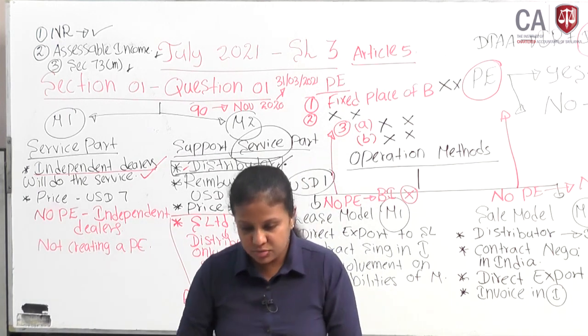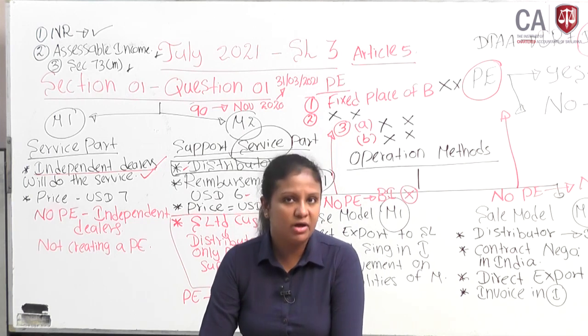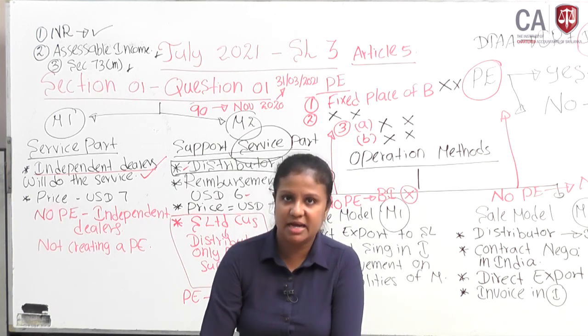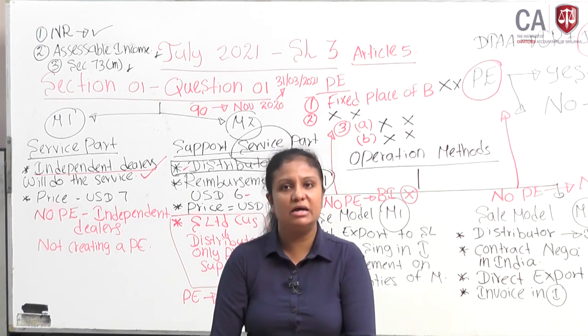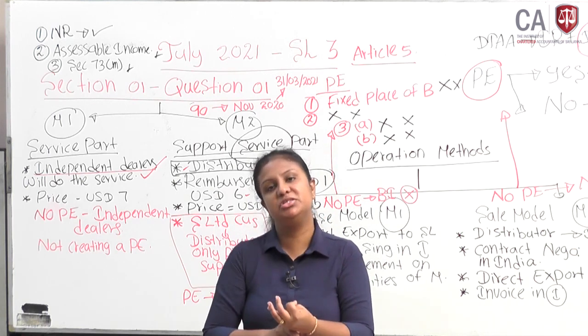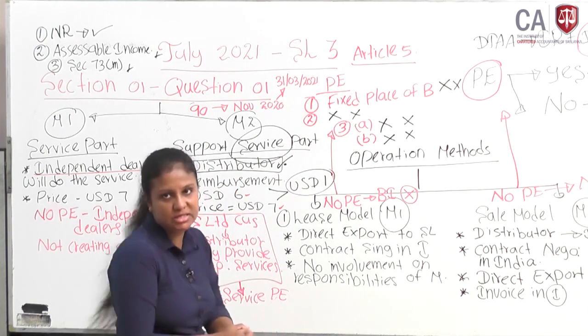Now that is the part A, Roman 1 discussion for the 12 marks. I think it's clear. I have discussed with you the detailed answer format, the approach to the question and the particular double taxation treaty, all things.